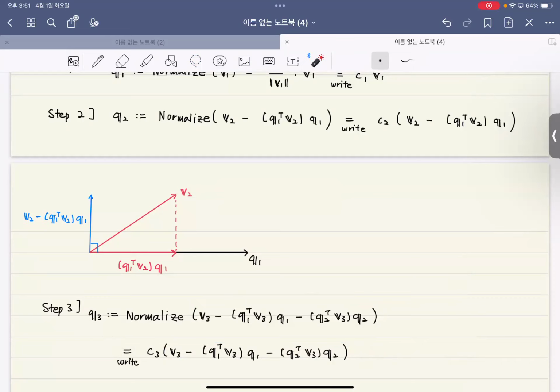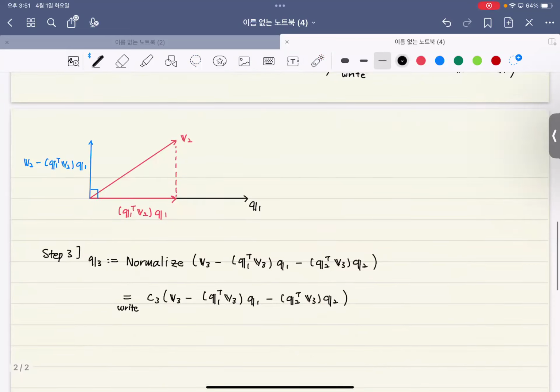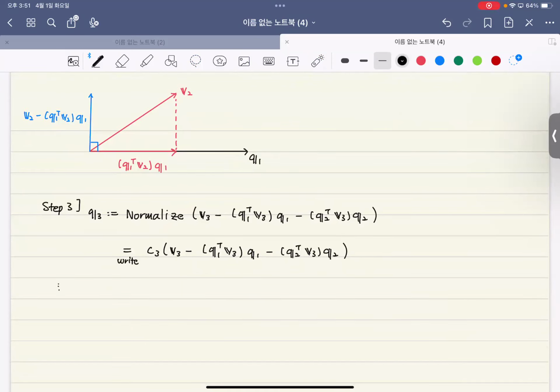Okay. All right. And this step goes on all the way to step number K. So what is step number K? At this point, we have the orthonormal basis vectors from Q1 to Qk minus 1.